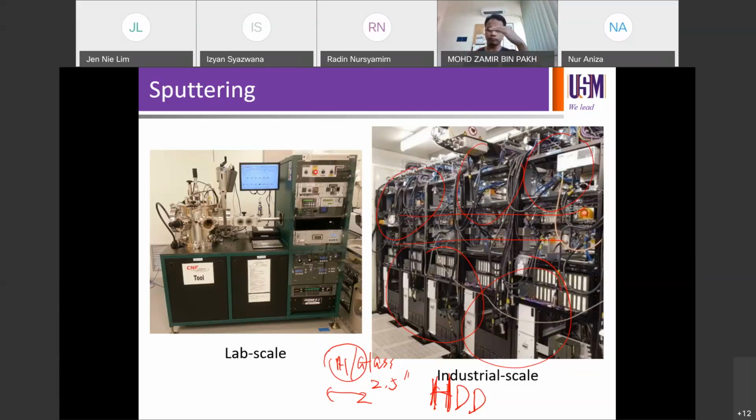It's based on at least 20 different magnetic layers on the disk, enabled by this sputtering process. If you look at IC fabrication, for example, we have various processes to do various stuff. But if you look at the HD industry, it's not semiconductor though, it's thin film deposition based.